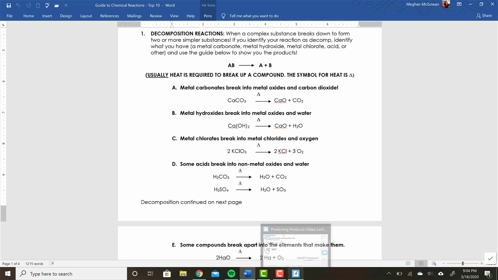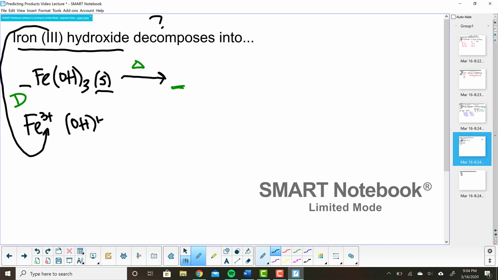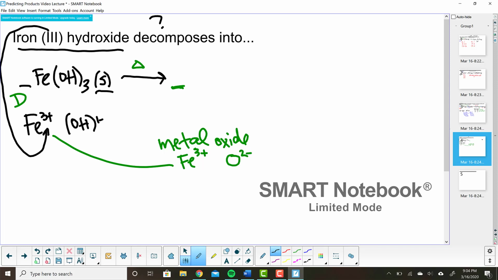So if I go back to this, that metal oxide that I'm going to form is going to be between iron and oxygen. Now, iron from before has a 3 plus charge. Oxygen, we know, has a 2 minus charge. So the formula for this compound is going to be Fe2O3. And this is going to remain as a solid.